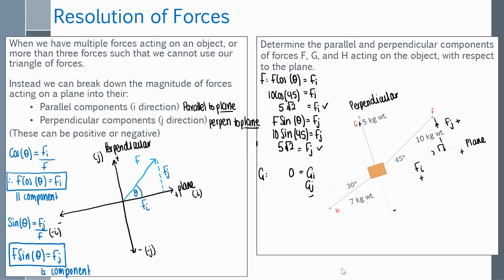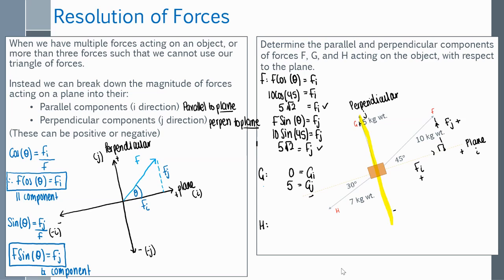For Gj, all of vector G is in that positive perpendicular direction, and we know G is 5 kgWt solely in this direction. So Gj is 5.